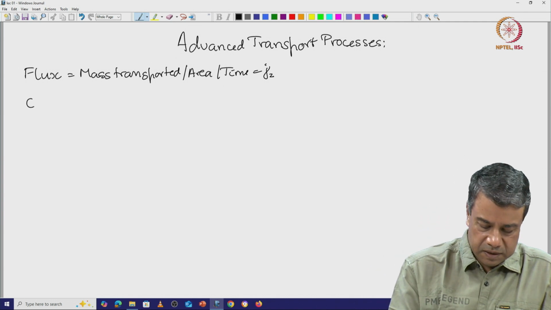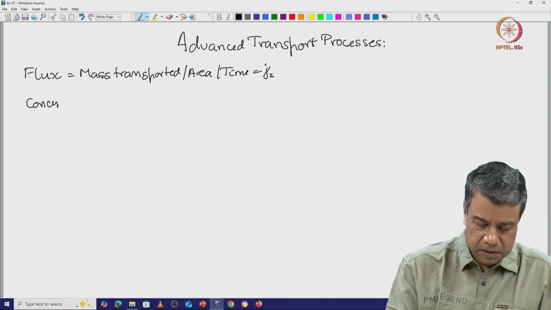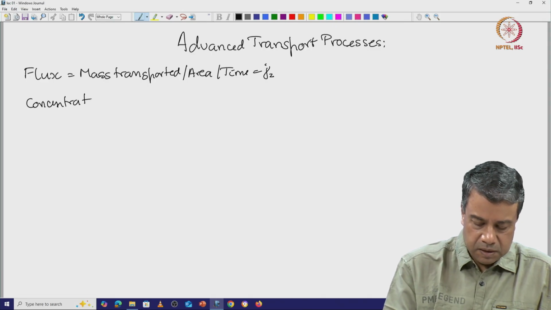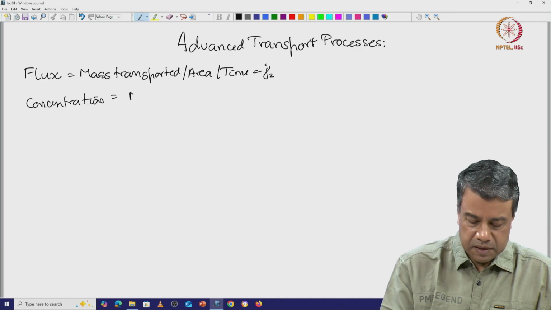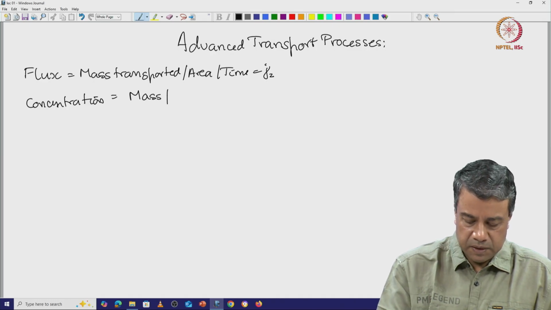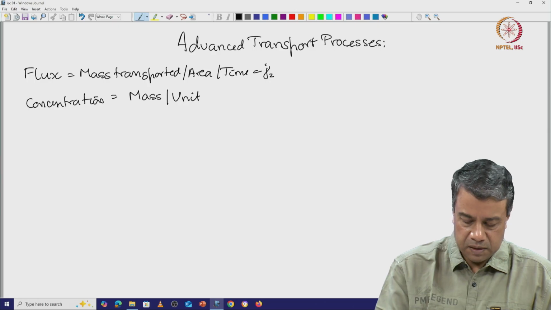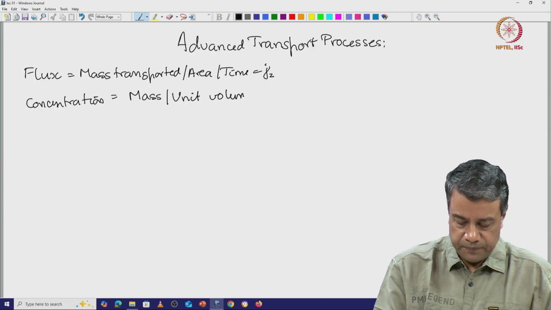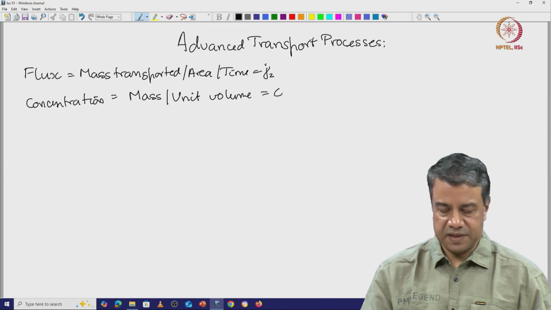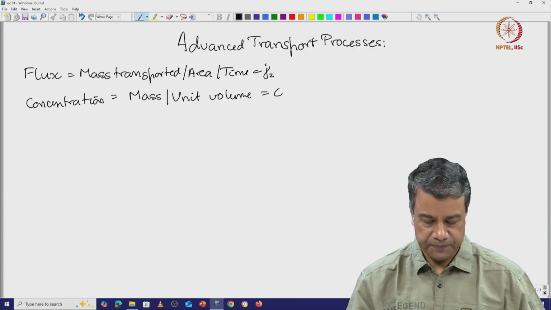And the concentration of a constituent is the mass per unit volume, with the symbol C, for concentration.